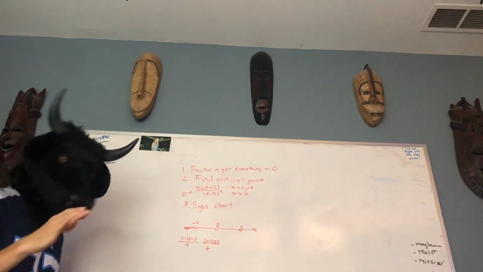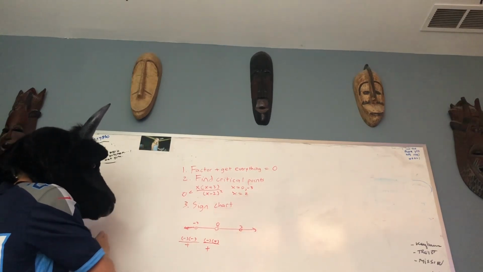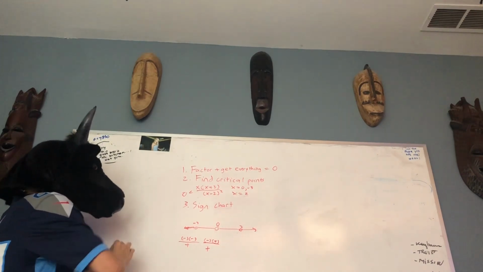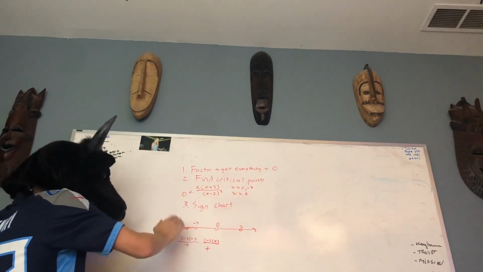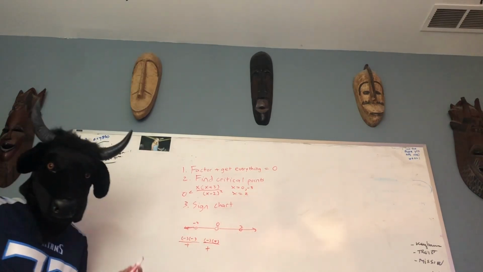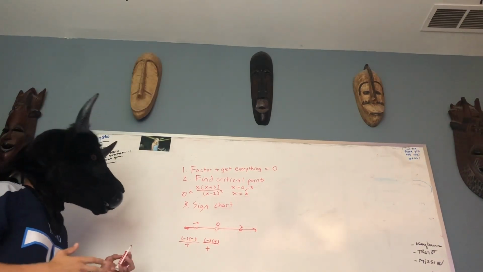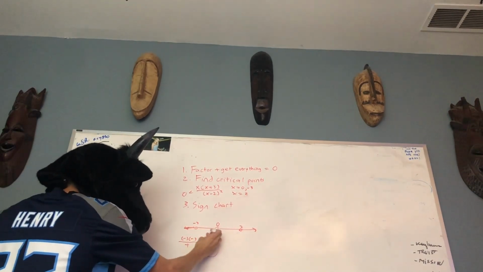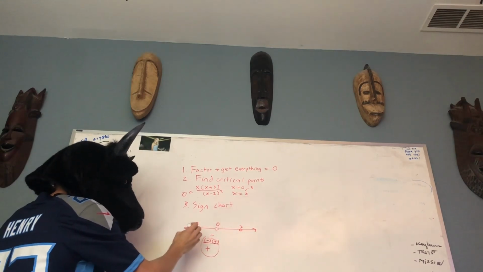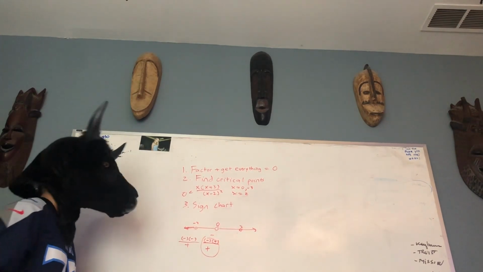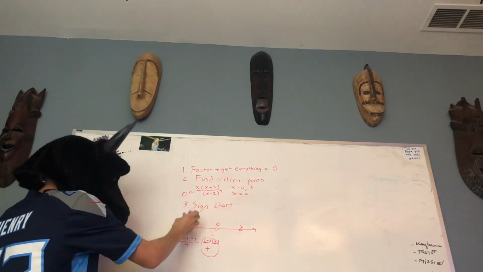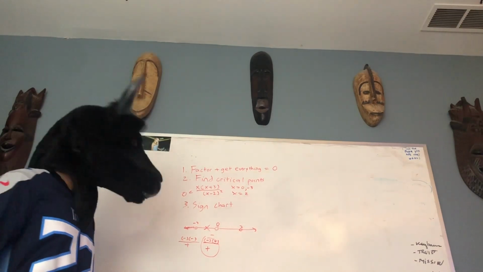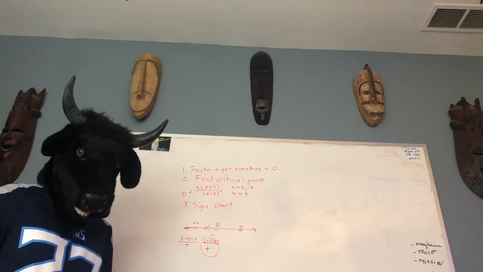So as you can see, anything to the left of -3 made that factor negative, and now that we're to the right of it, it's positive, which changes the whole definition of what we can include in the inequality, because now this whole thing is a negative, because a negative times a positive divided by a positive is a negative, which is not greater than 0, so we cannot include that in our answer.